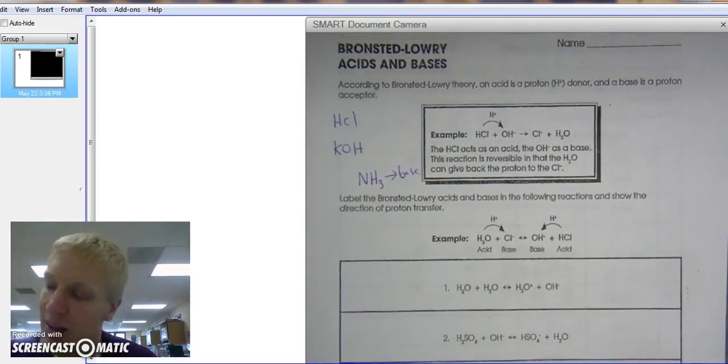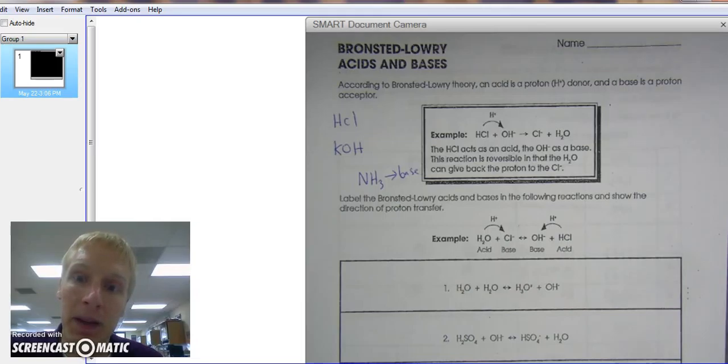It wasn't until Bronsted and Lowry, a Danish chemist and an English chemist, who both lived in separate places and didn't talk to each other, came up with a similar idea, and so were both credited with this concept.